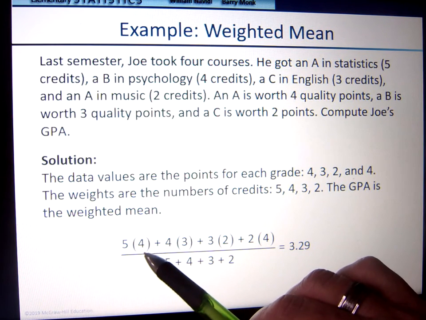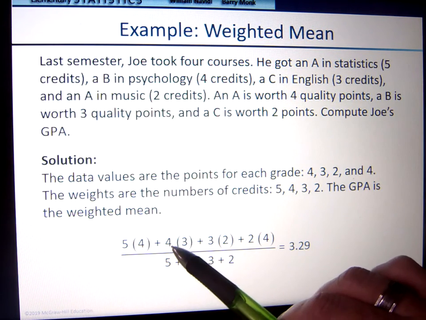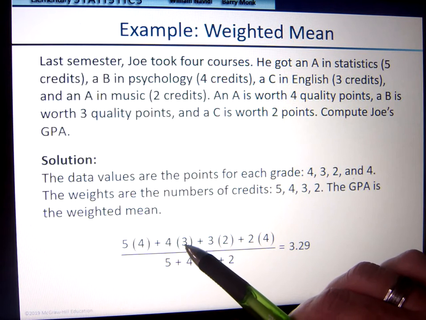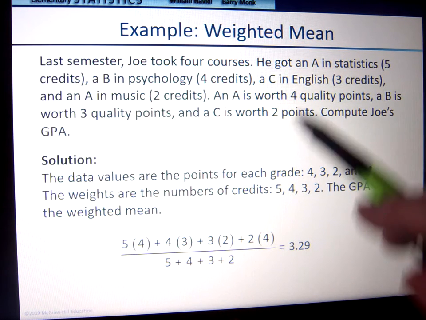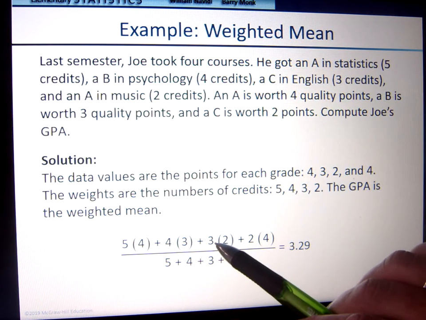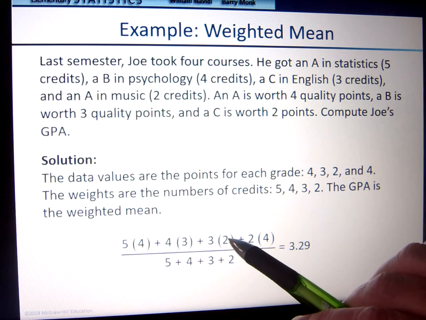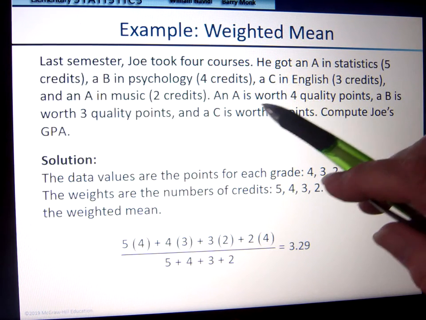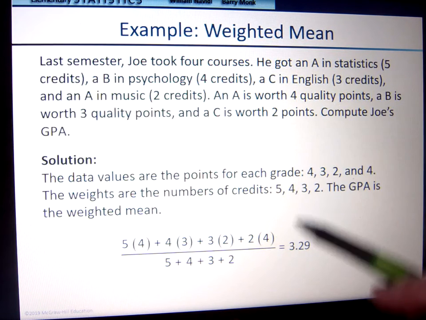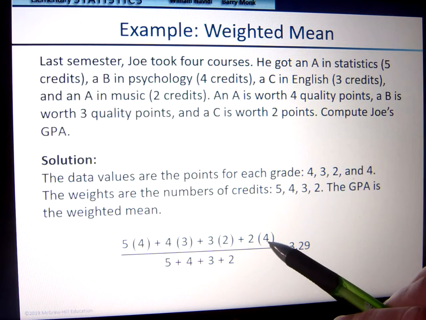He got a B in psych, 4 credits, multiplied by the value of a B, which is 3. He got a C in English, which is 3 credits, and the value of a C is 2. And an A in music, which is 2 credits, so you take 2 times that value, which is 4.